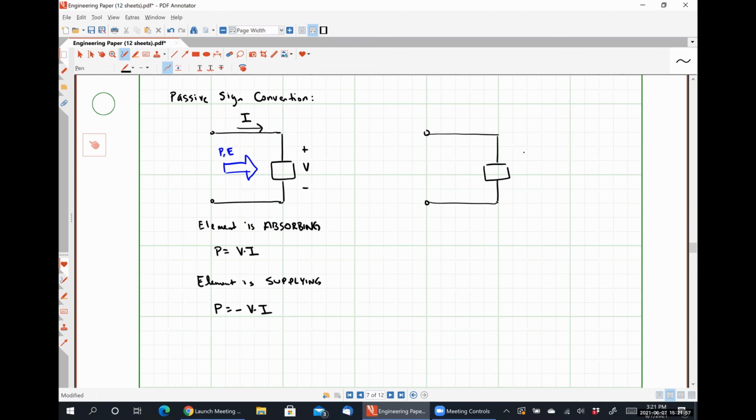We have our generic circuit element, but now I'm going to define the positive polarity terminal for the voltage to be on bottom. And we're still going to have our current flowing into the negative polarity terminal. In this case, our element is absorbing, P is equal to negative V times I. I'll use V times I because that's what I've been using.